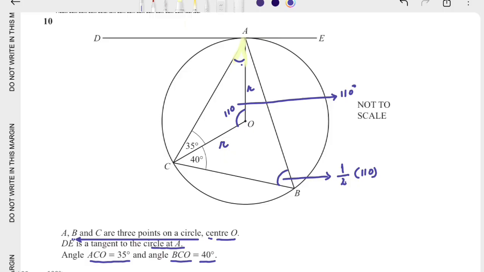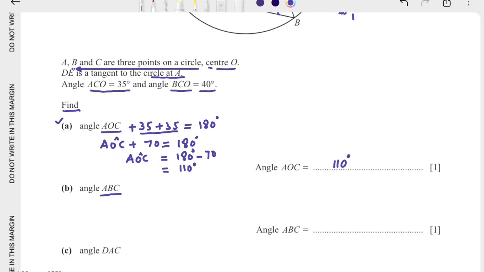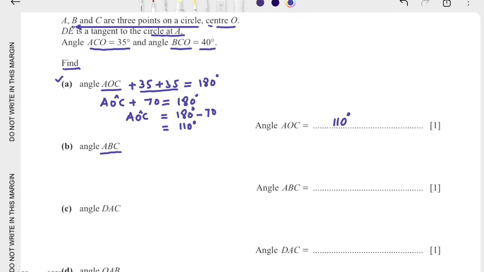So it will be half of 110, that is 55 degrees. So the angle at the circumference is half the angle at the center.